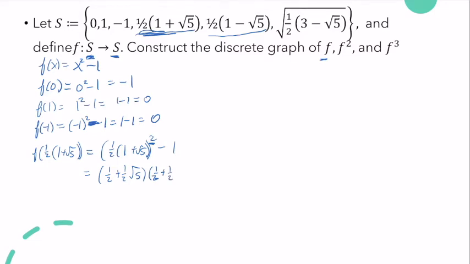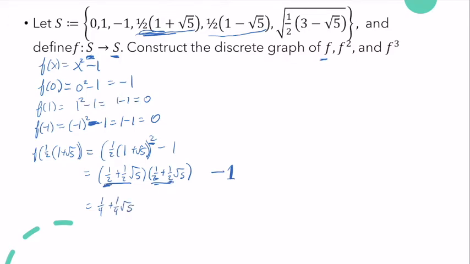And I'm going to have to use my foiling rules. Don't forget we've got a -1 out here. I just want to make sure we simplify these two multiplied together first. So remember, we have to FOIL. FOIL stands for first, outer, inner, last. So I'm going to take 1/2 times 1/2. That's going to give me a 1/4. I'm going to take 1/2 times 1/2 square root of 5.